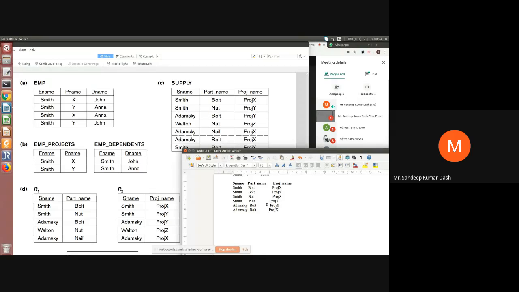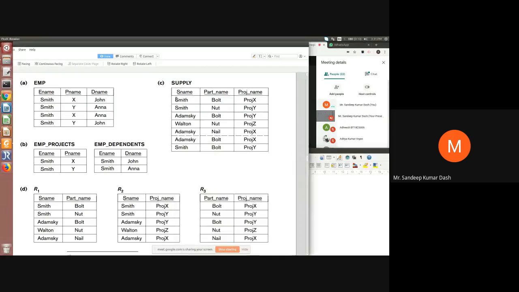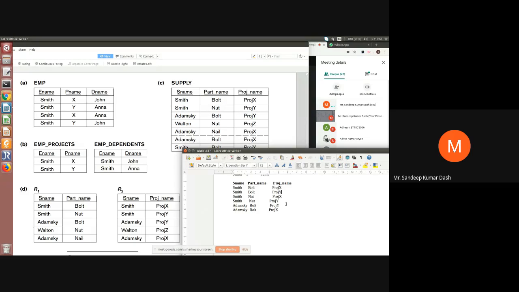That means I am saying that whenever I combine all the possible combinations out of this R1 and R2, I should get back my original relation up to this point. Yes or no? But you see here, Smith bolt project X. This row is coming in the result. Whether this row originally was present in R or not. Smith bolt project X, it is present.